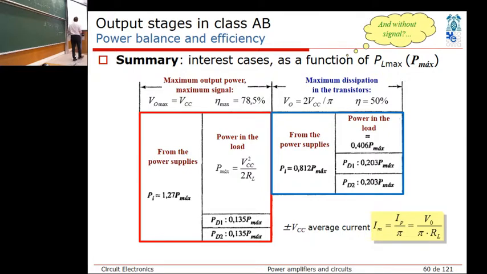Okay. Let's see. If you get your hands on a standard, well, 10 years old PC power supply, that's 200 watts. So you could actually make that as a power supply for a 150 watts AB class amplifier.